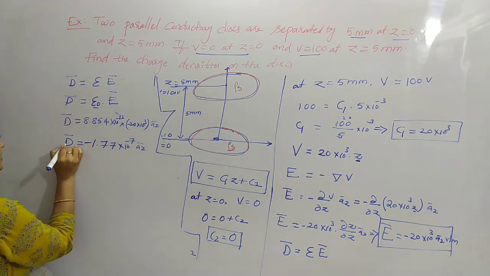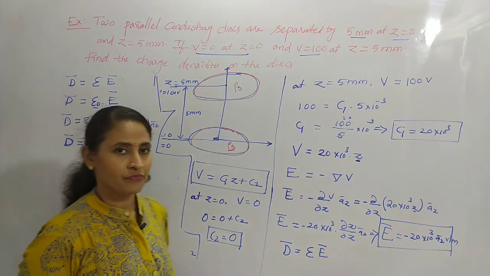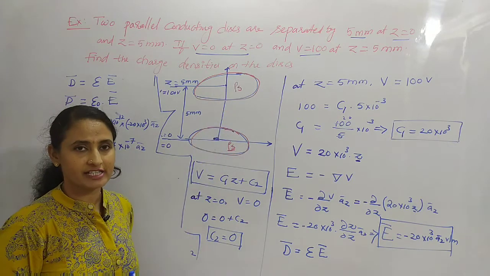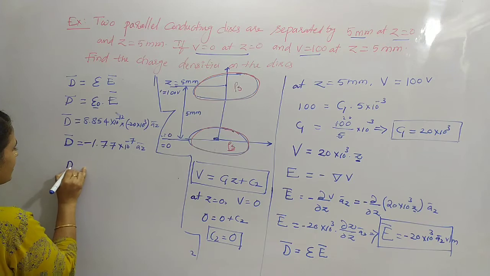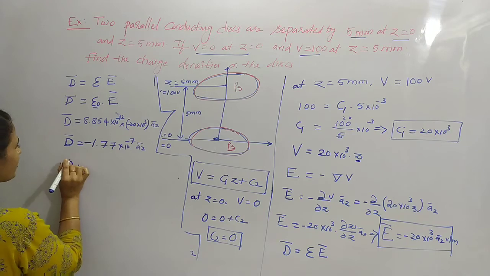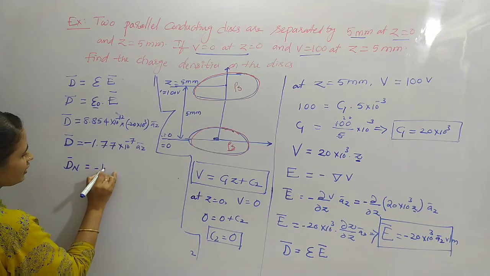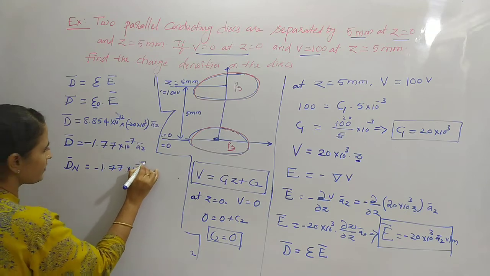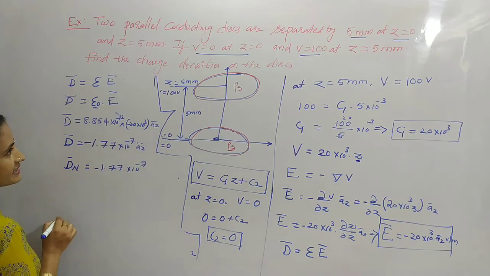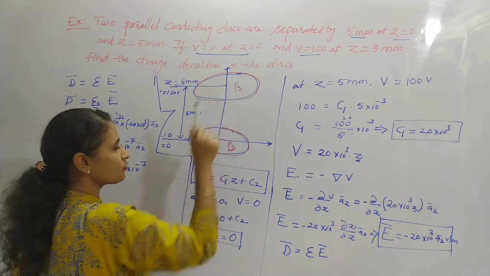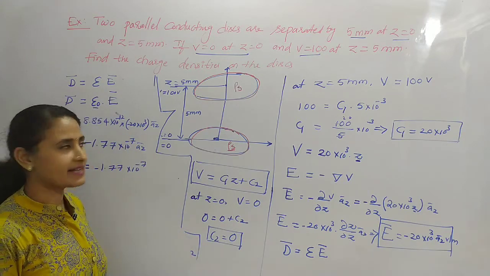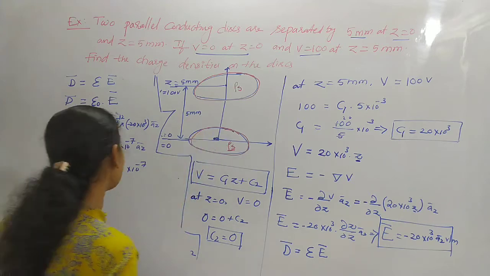Okay, what is this? This is the flux density, and we know that the flux density will always be normal to the surface, right? This is also written as the flux density normal to the surface, D N, which is given by minus 1.77 into 10 raised to minus 7. If I write it in terms of the charge densities, because the flux lines passing through both the discs are nothing but the charge on those discs by using Gauss law, it will be the surface charge density.